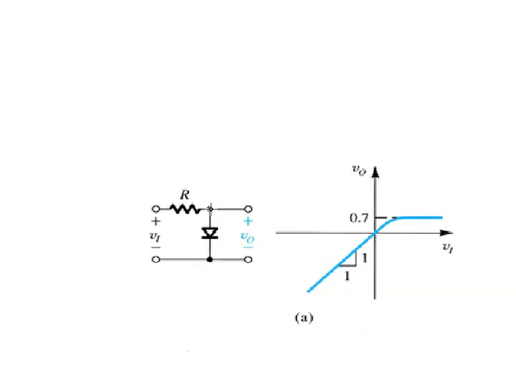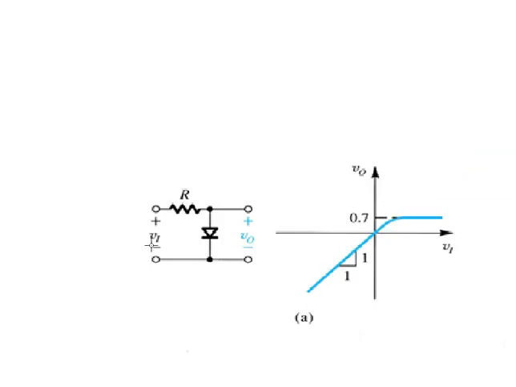Here we have a negative voltage, so this diode is turned off, right? So whatever we have here goes right to the output, and the output and the input look exactly alike. This red line is your input.